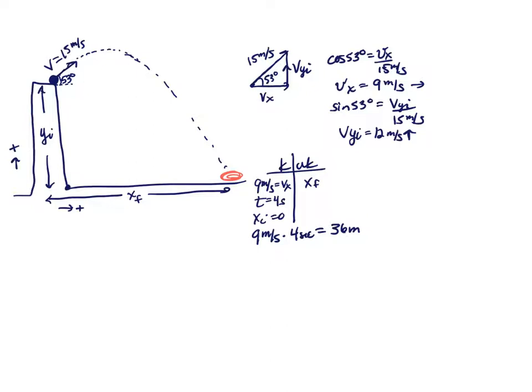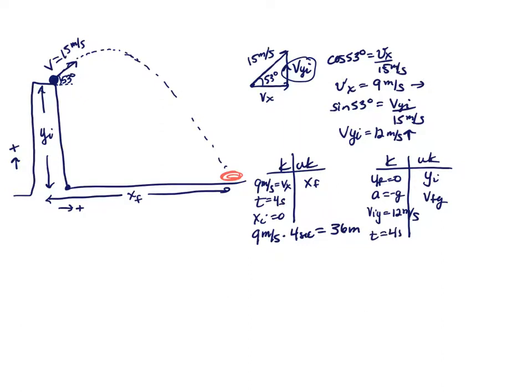Now I want to figure out how high the platform needs to be to make this all work out the right way. And so known and unknown for the y direction again. My y initial is what I want, so I don't know that. I do know I'm landing on the ground. I know my acceleration is negative g. My v initial y is no longer 0. Now I have this upward component, so it's positive 12 meters per second. I don't know my impact velocity, v final y, and I don't care. And I do know that my time is still 4 seconds.